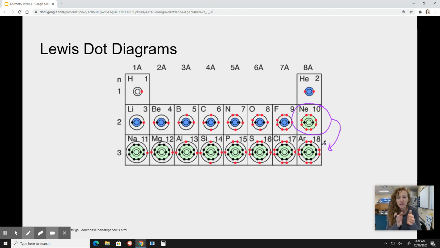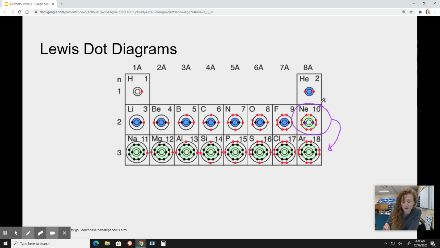I want you to look at these Bohr models and see the inside electronic structure and the outer electronic structure. If we're looking at neon, notice that the electrons in the middle are just two.